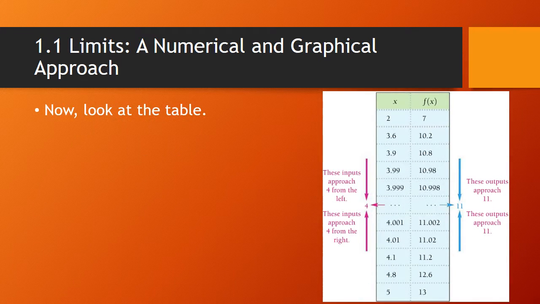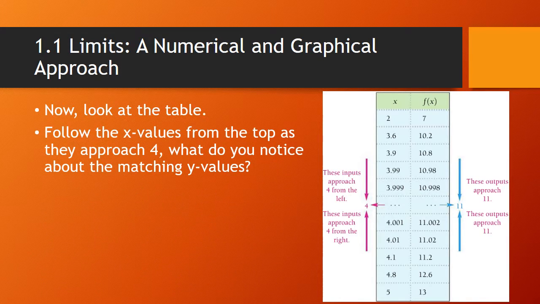Now let's look at the table. And again, at the top we're starting with low x values and working our way towards 4, and at the bottom we're starting with the higher values and working our way down towards 4. So the x values, the input values, are approaching 4. And what do you notice about the matching y values?